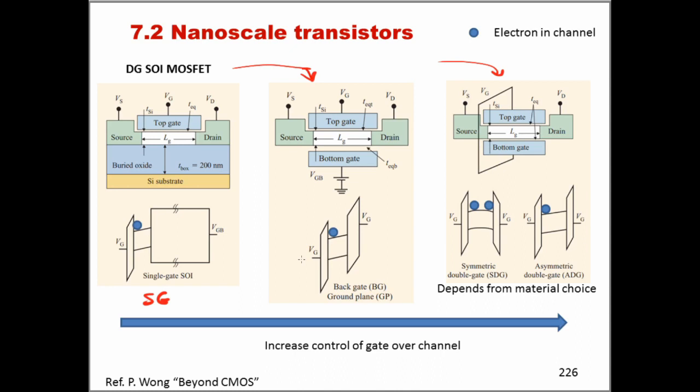There are different ways that someone can use the double gate configuration, and this is what these two graphs here are trying to show. Just so you know, this dot here is indicating where the charge carriers in the channel are moving.